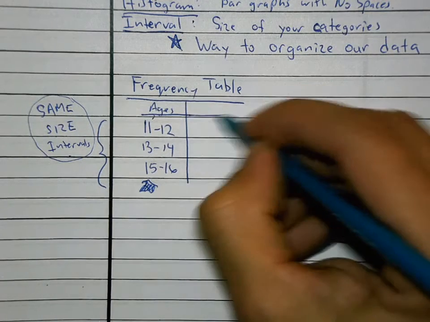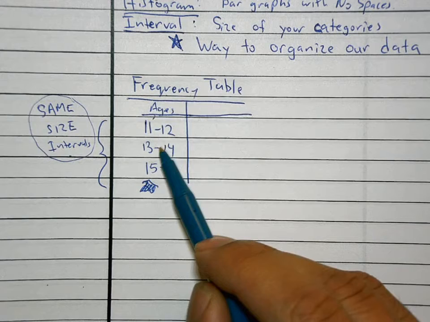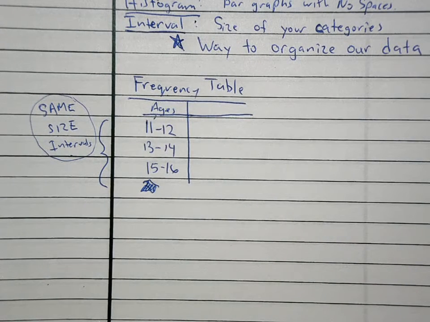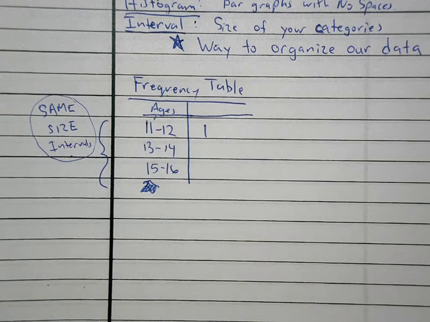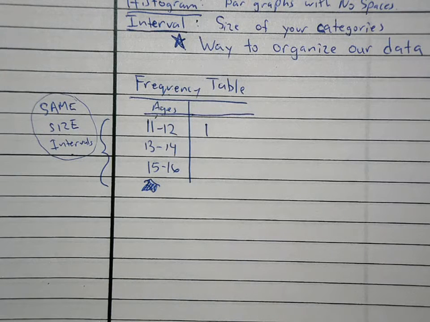Now, frequency means how many. Okay, if you are 11 or 12 years old, please raise your hand. 1. That's how many we have. That's a frequency. If you are 13 or 14, please raise your hand. 1, 2, 3. Okay, high, please. 1, 2, 3, up to 17.